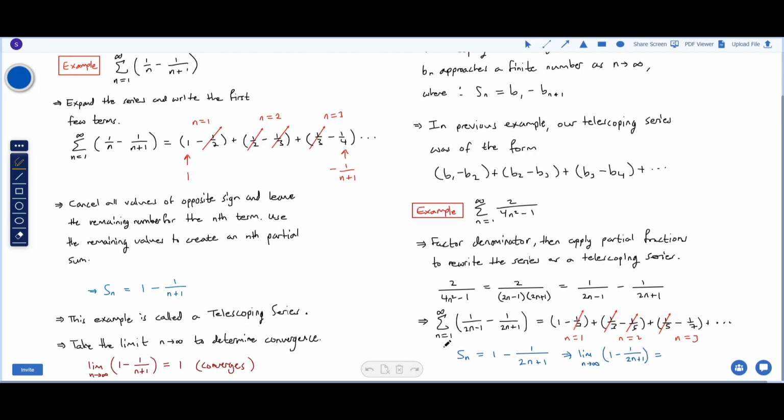Again, this is a very straightforward limit. The second term goes to 0, so we just end up with the limit equal to 1, which means the sum of this series is also equal to 1. So we're going to say this also converges.